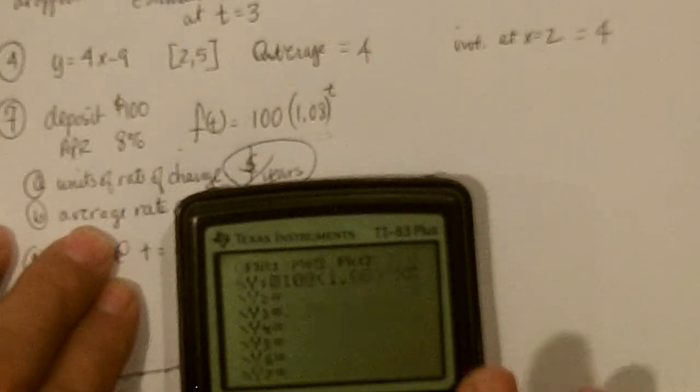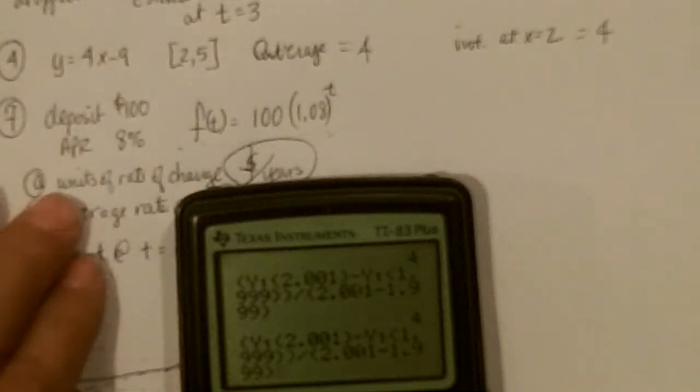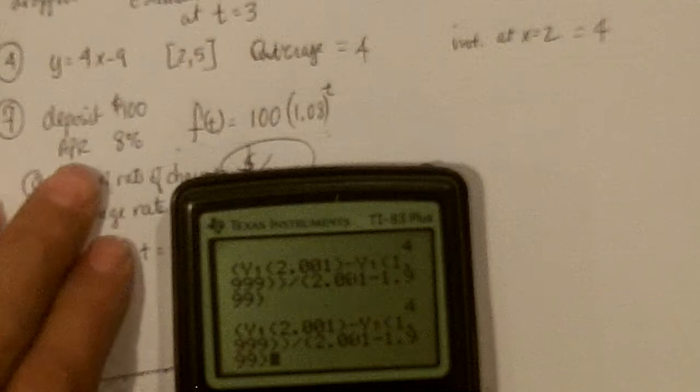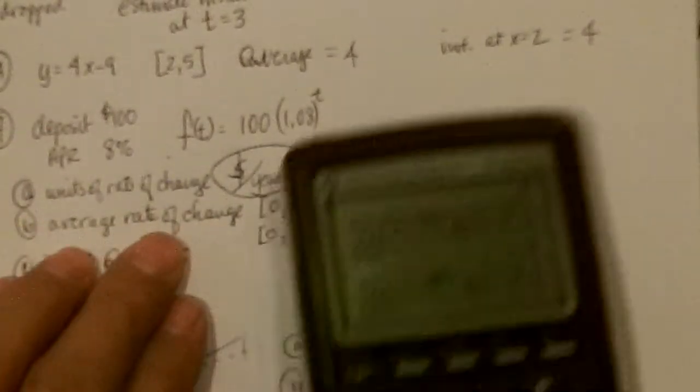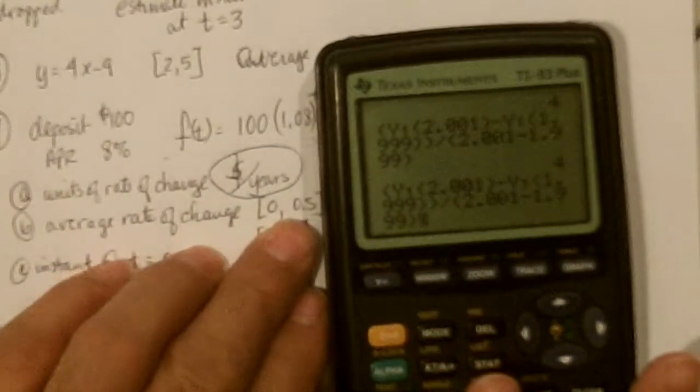Then I'm going to quit, and I'm going to bring back that equation, the slope equation, y2 minus y1 over x2 minus x1. And I want to do the rate of change from 0 to 0.5.